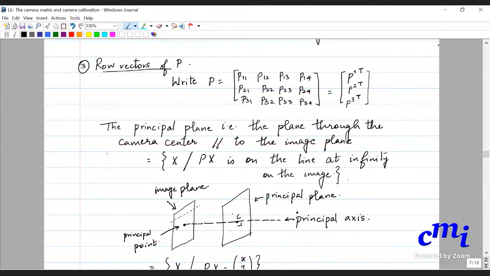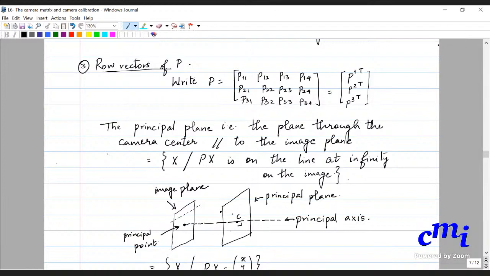The points on the right side of the principal plane are the points that you are hoping to map onto the image plane. If this image plane was infinite, then in fact all the points on the right side of the principal plane would be mapped onto it. The points on the principal plane itself, where do they go?